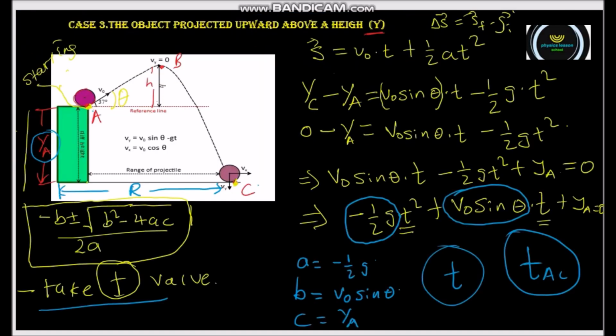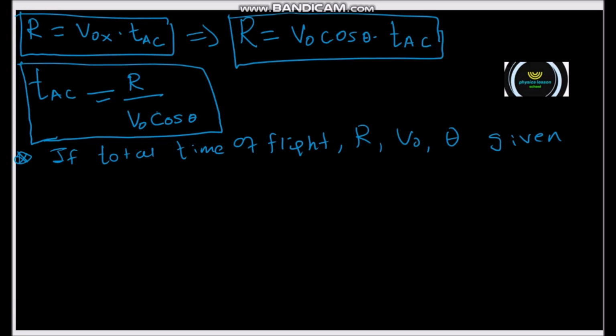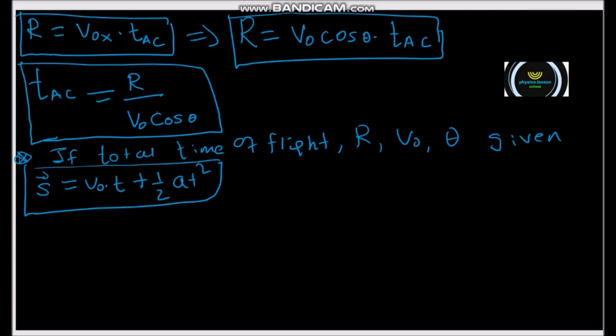First, let's start from our kinematics equation. Let me write it here. Displacement is equal to V naught times T plus 1 over 2 A T squared. This is in our kinematics, so we can convert this one to our equation.